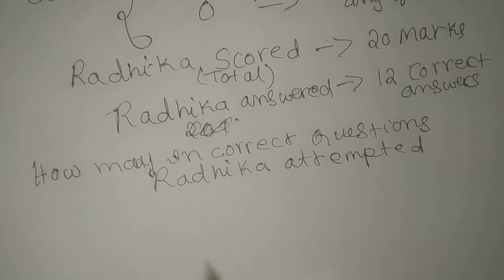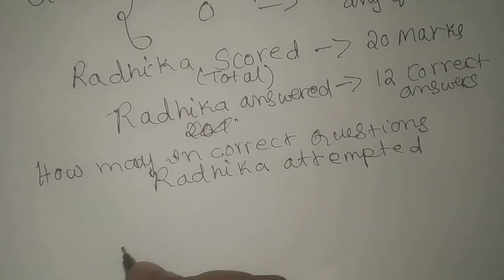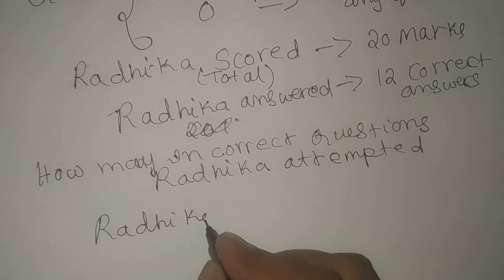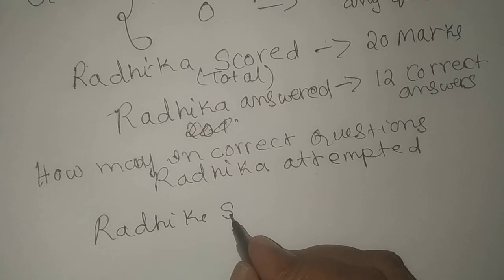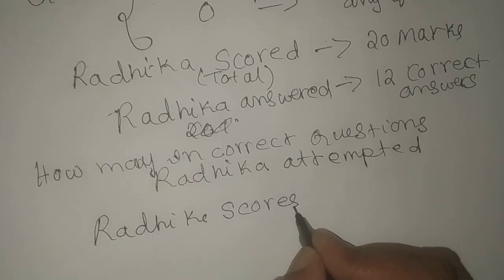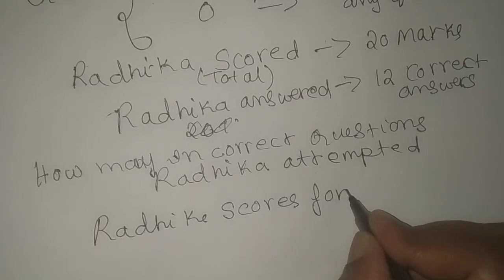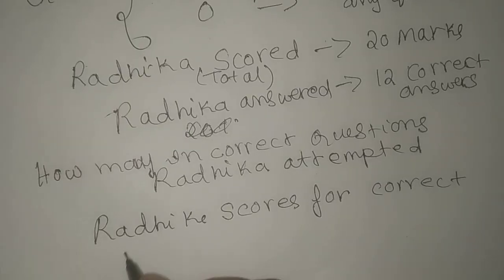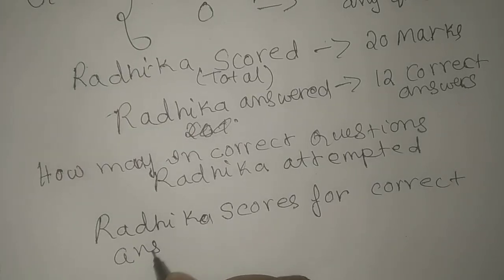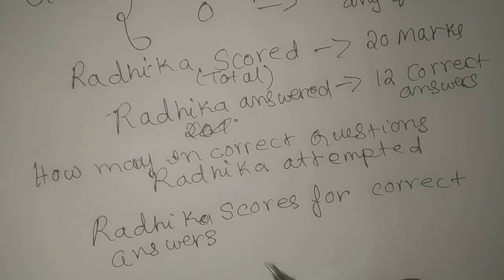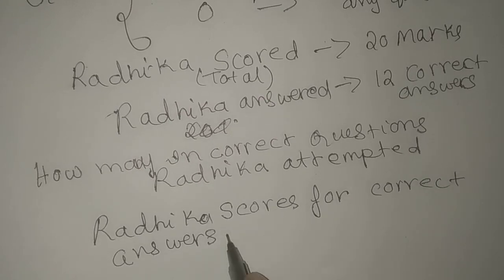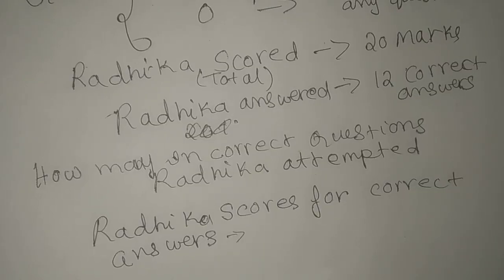So first calculation: Radhika's score for correct answers. She scored 20 marks in total. Now we will calculate it.